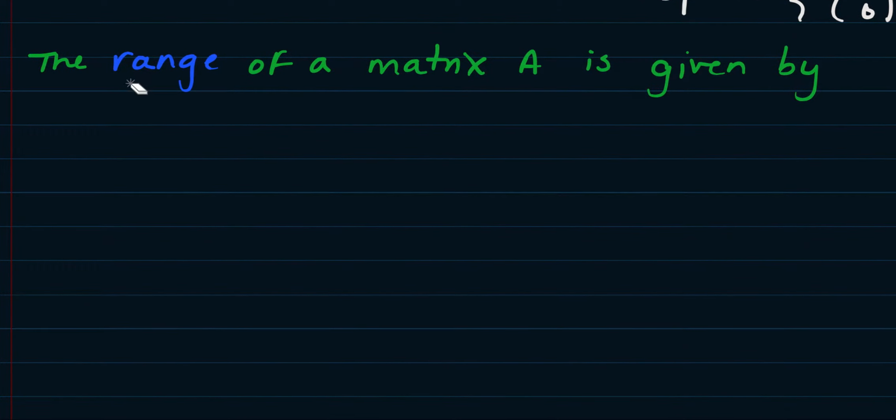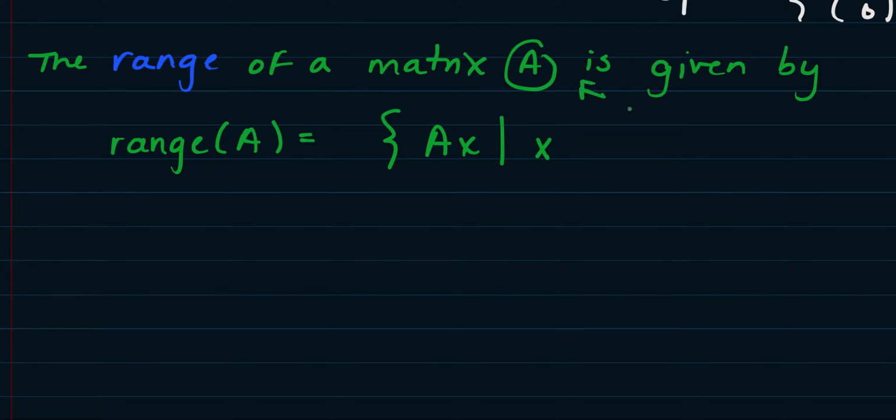Something else you'll see is the range of a matrix A. The range of a matrix is all the solutions to A times X, where, if A is an M by N matrix, then X belongs to Rn.